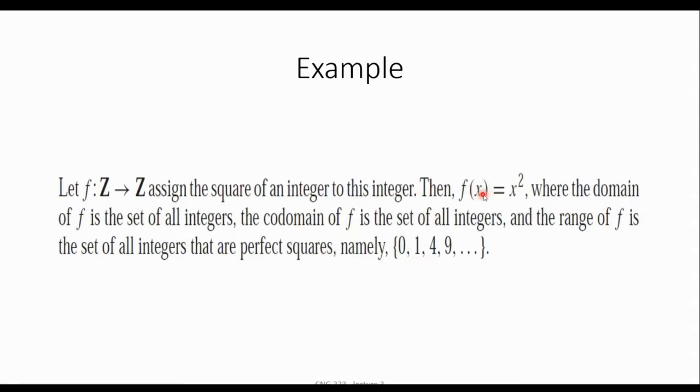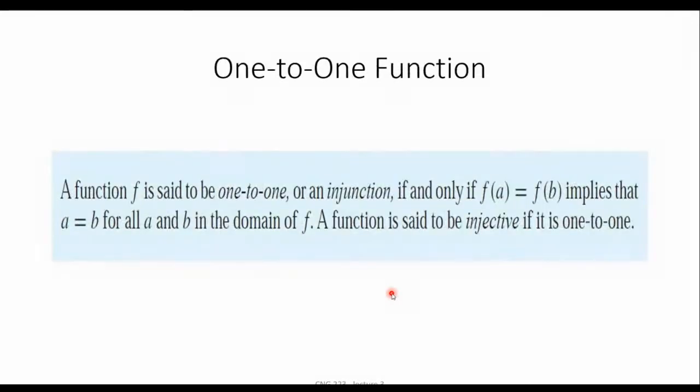So 0 inside this function will give us 0 power 2, which is 0. So 0 is an image of 0, which we write here. Again, the second one, 1 power 2 is 1. 2 power 2 is 4. And we continue. The collection of all of that will make a set, and we call it the range of the function, where each one of them is actually the image of one arbitrary number.